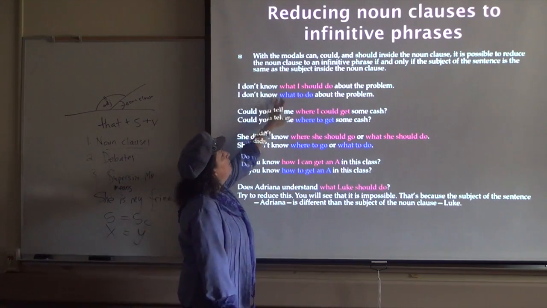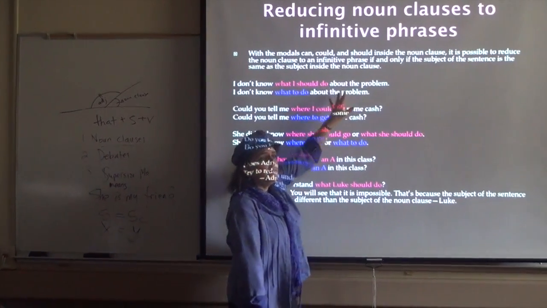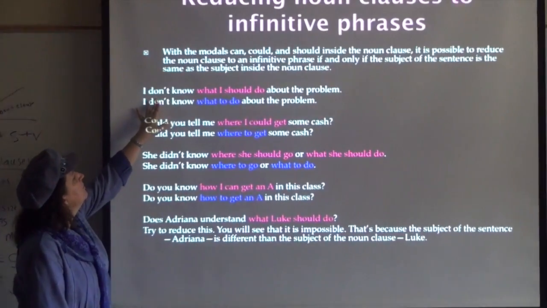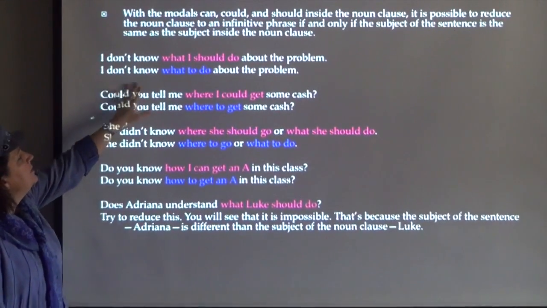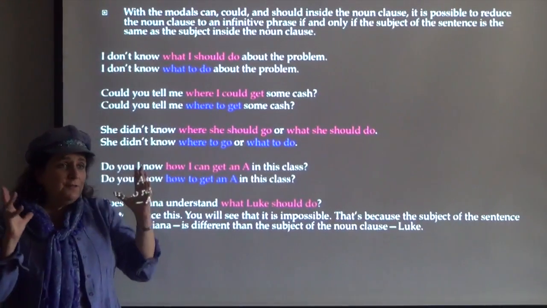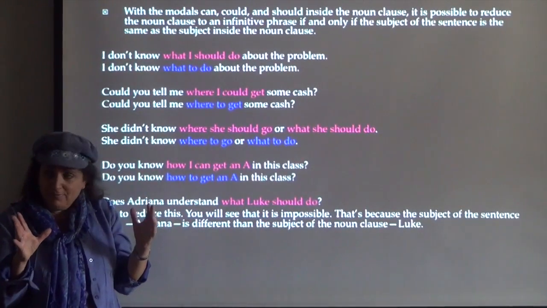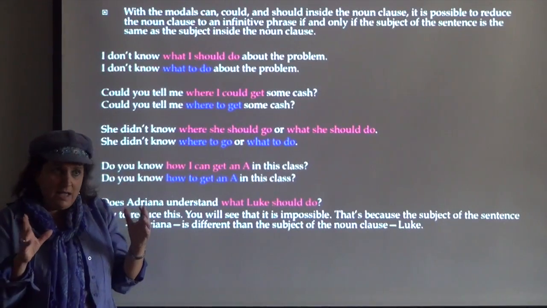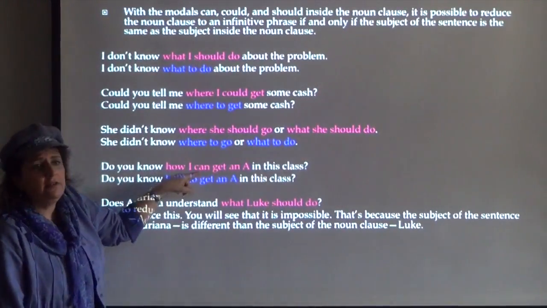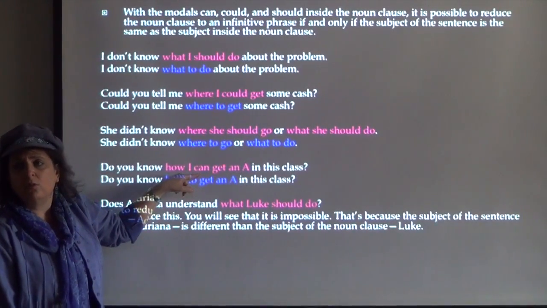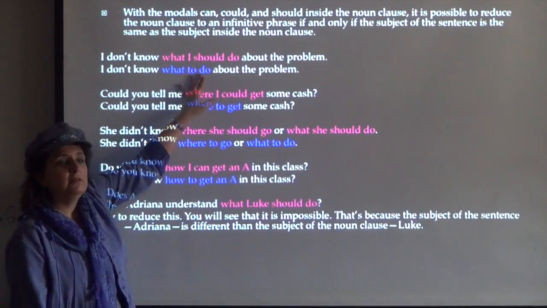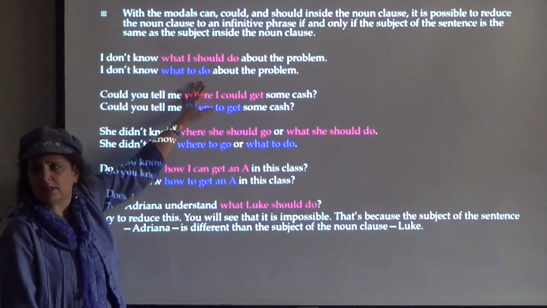I don't know what I should do about the problem. What's the subject of the sentence? I. What's the subject of the noun clause? I. If the subject is the same, and we have the verb should, could, can inside my noun clause, we can reduce it.